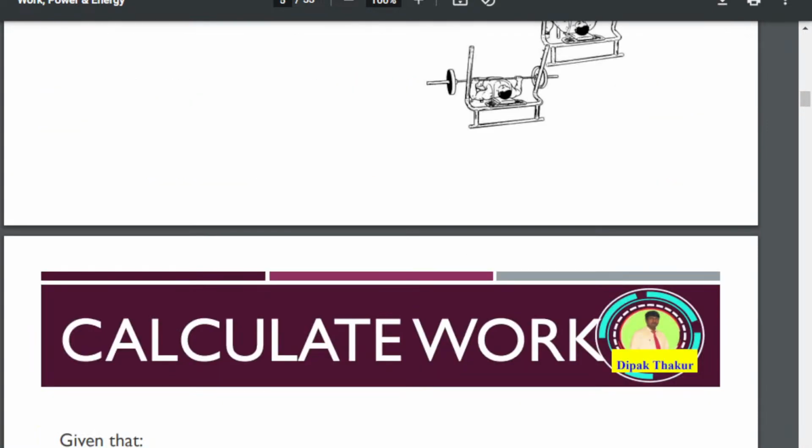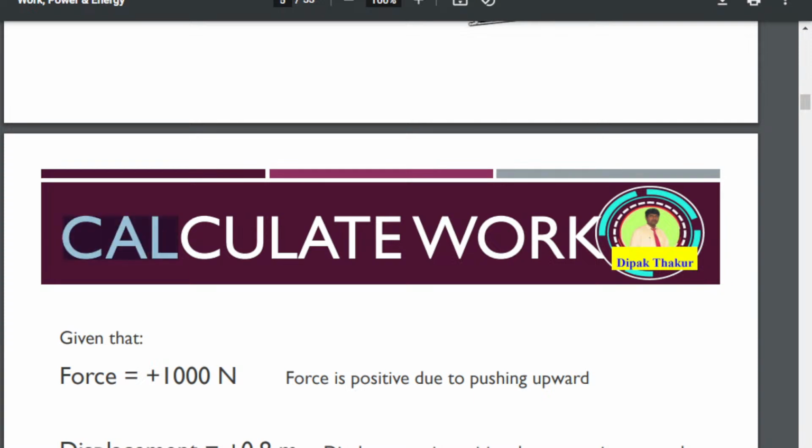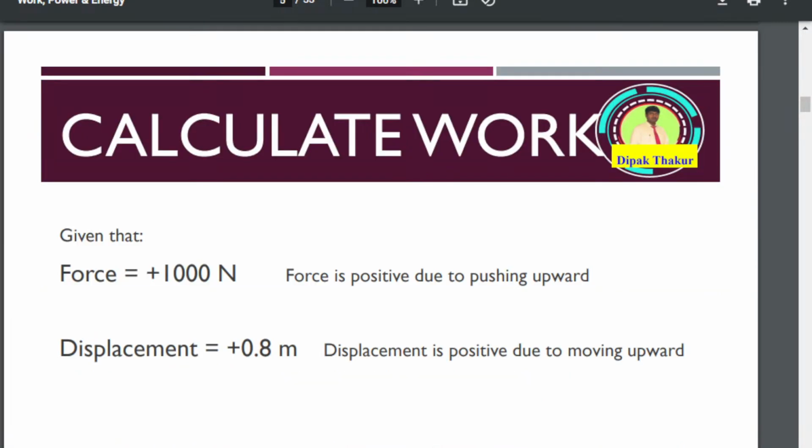So here, how to calculate it? Are you able to calculate? Then calculate it. I think nobody is there, but let me try now. First we have to write down what is given. Force is given as 1000 Newton, and the sign will indicate which direction it is.